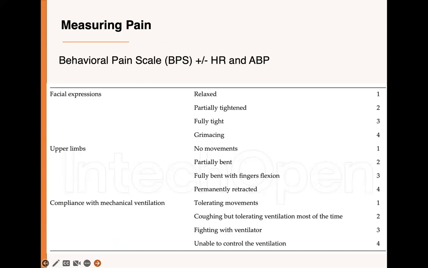A score of 3 is no pain, 4 to 6 is mild pain, 7 to 9 is moderate, and 10 to 12 indicates severe pain in our patients. After assessing the severity and scoring, depending on the behavior, we need to properly manage the pain. Next.